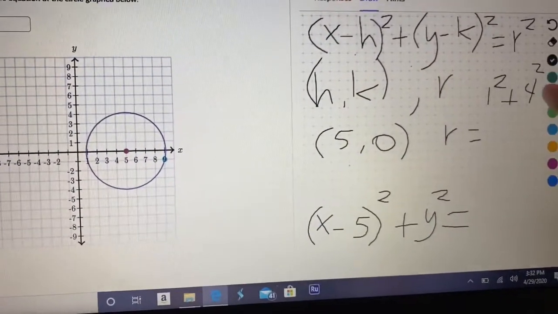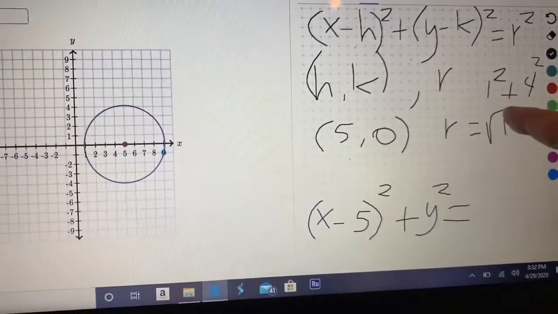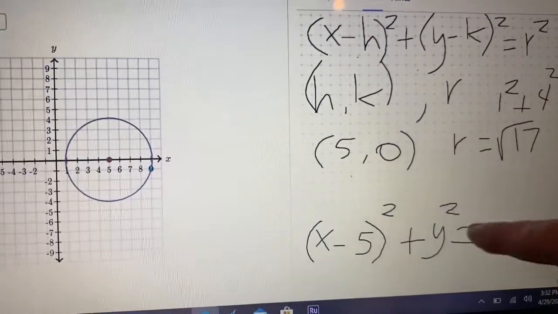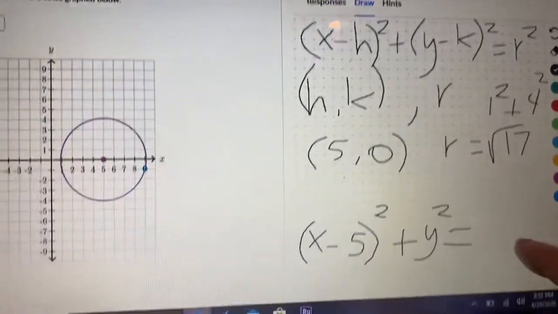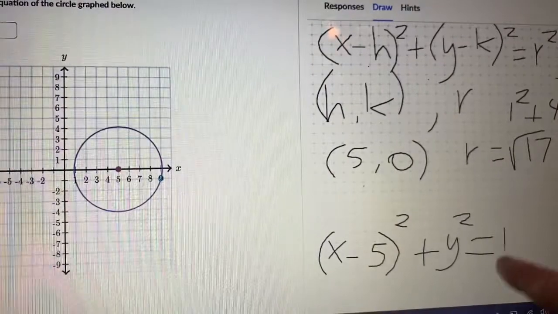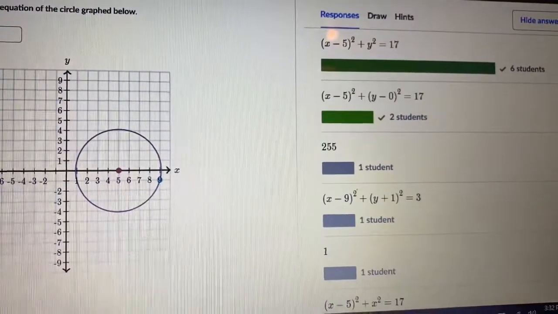So 16 plus 1 more would be 17. The radius would be the square root of 17 because it's a squared plus b squared equals c squared. But realize when you plug into this equation, it's going to be r squared. So it's basically just your a squared plus b squared. And that is your answer.